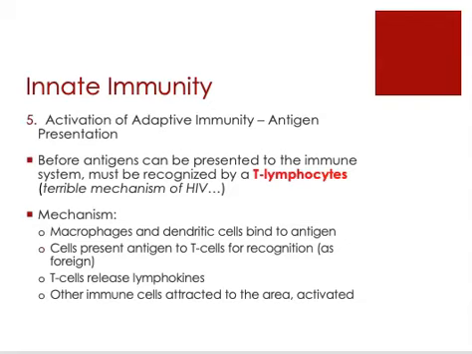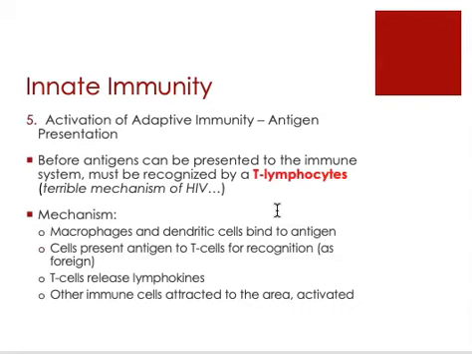Now, as part of the antigen presentation process, before the antigens can be presented and activate the adaptive immune system, they have to first be recognized by a T lymphocyte. Remember, T cells or T lymphocyte cells are one of the cells of the innate immune system.